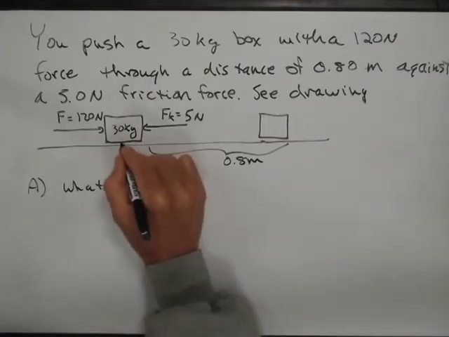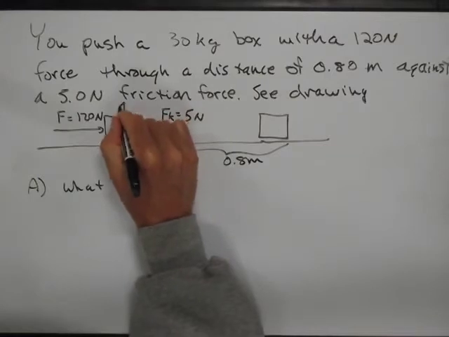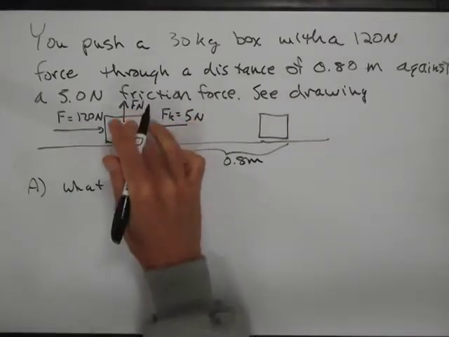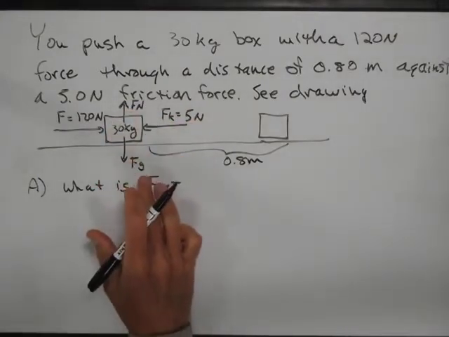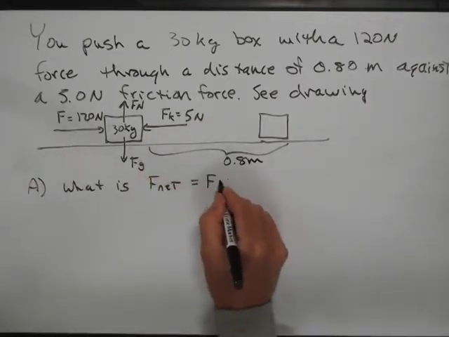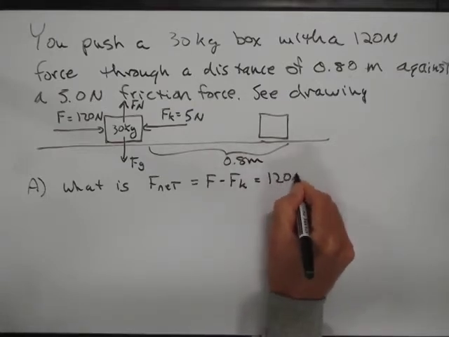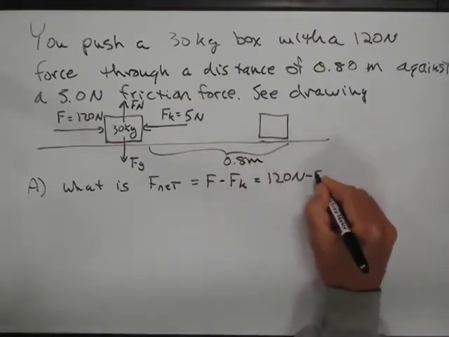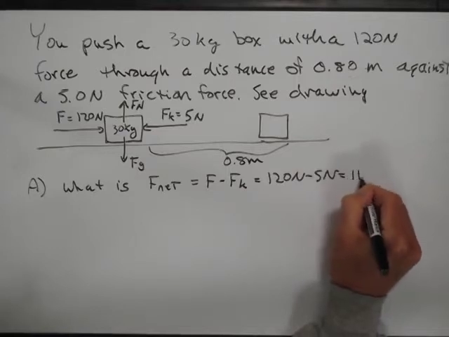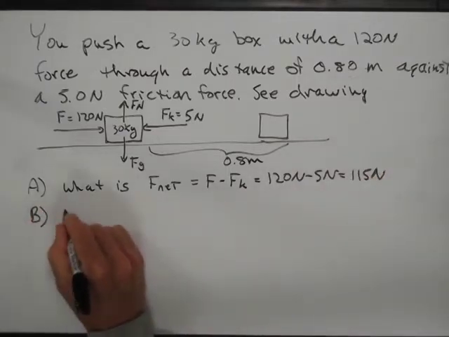Well, you would also have a force of gravity and a normal force, but these are equal and opposite, so they cancel out. And so it's just F minus Fk, which is 120 newtons minus 5 newtons, which is 115 newtons.